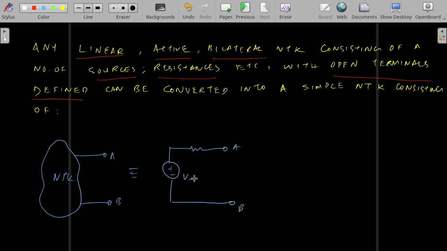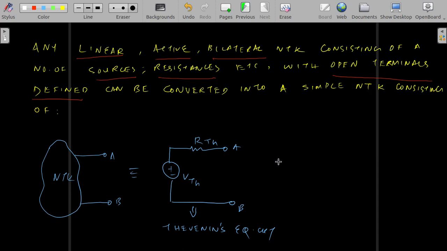This we call Thevenin voltage, and this we call Thevenin resistance. This is Thevenin's theorem, and this is called the Thevenin equivalent network or circuit.